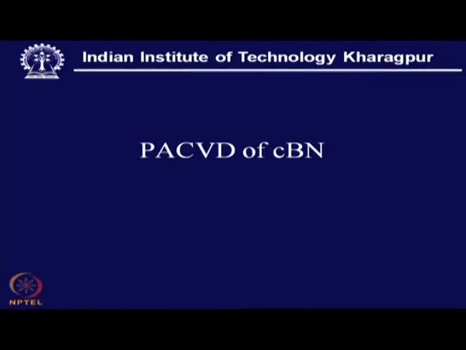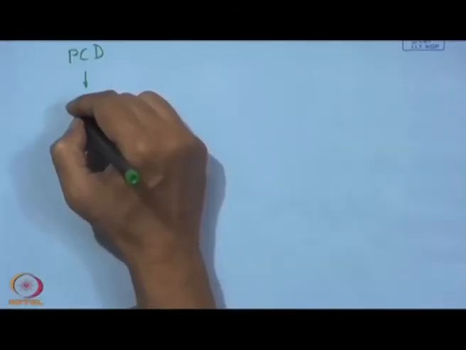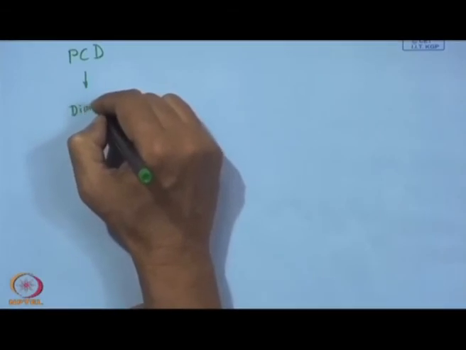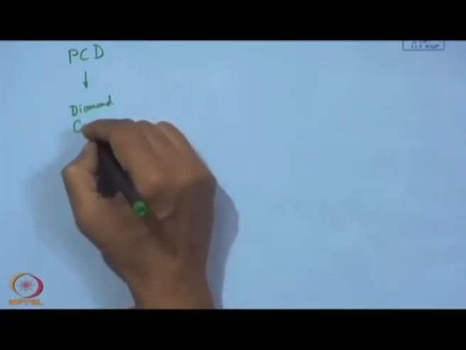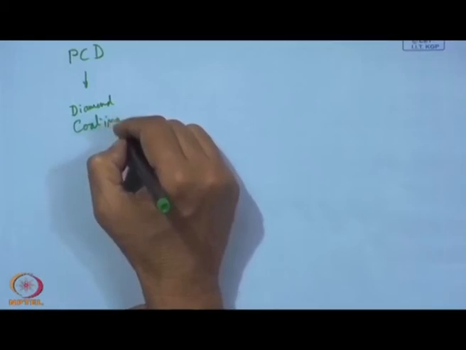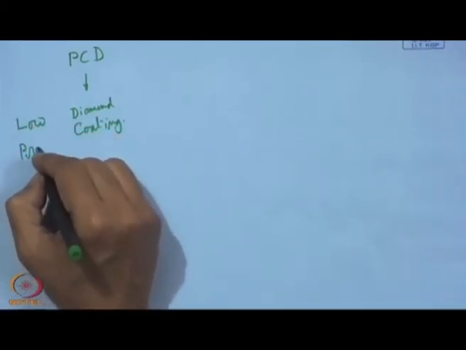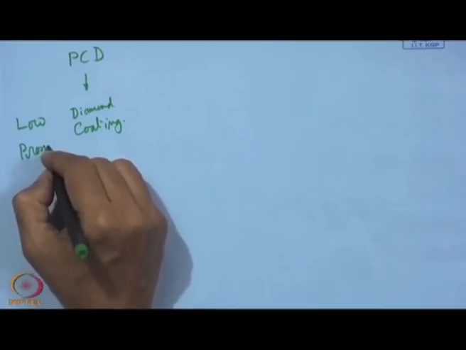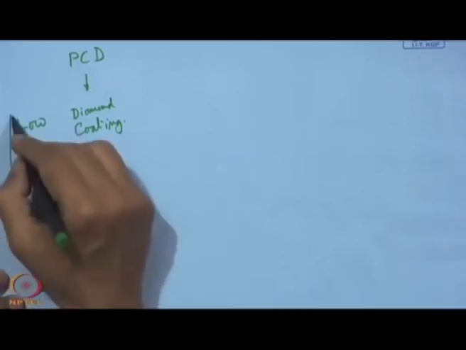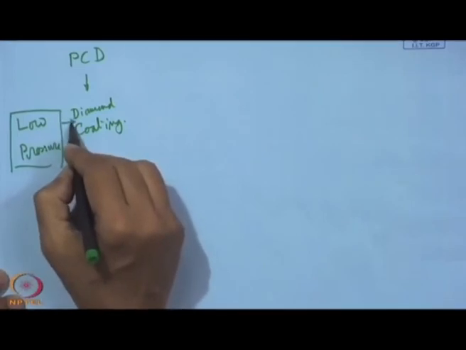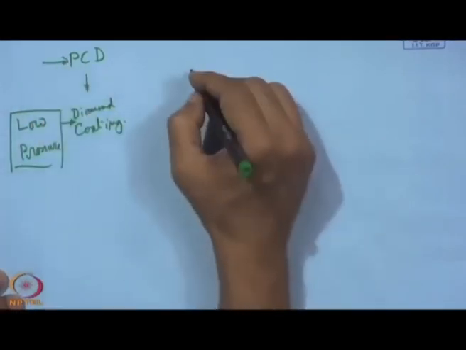Now, the idea is that in this CVD coating, we know that PCD is diamond coating, and this is low pressure. So, this is actually low pressure technology, and this is high pressure technology.